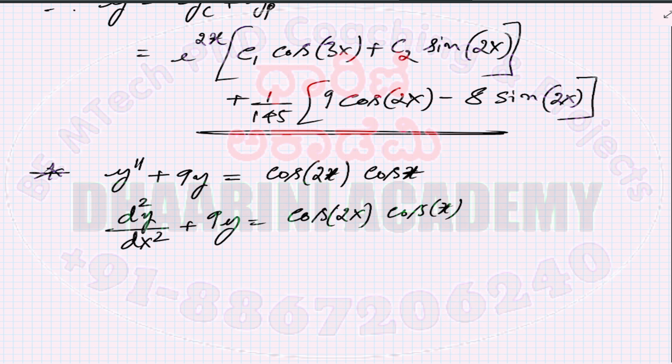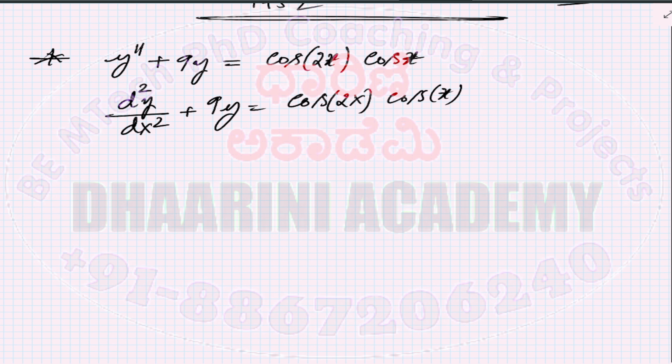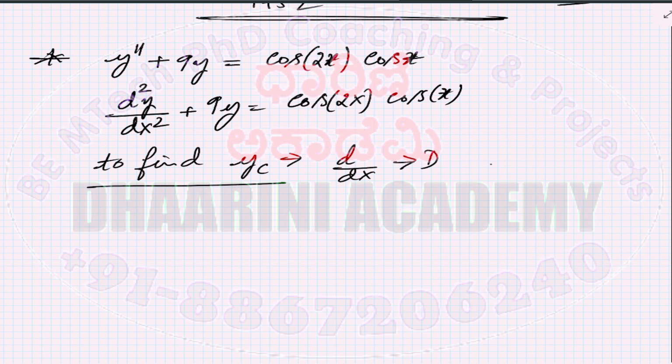So anyway, the first step is to find the yc. To find yc, I neglect the RHS and I write this. So to find yc, I replace d by dx with capital D, and I make the RHS equal to 0.